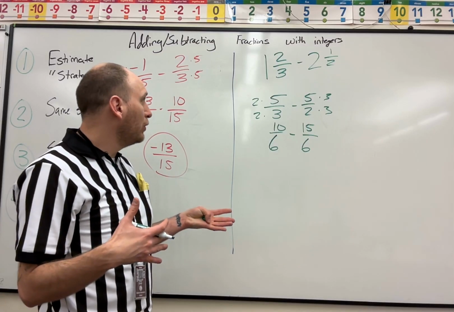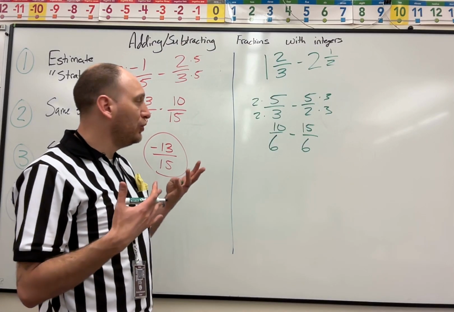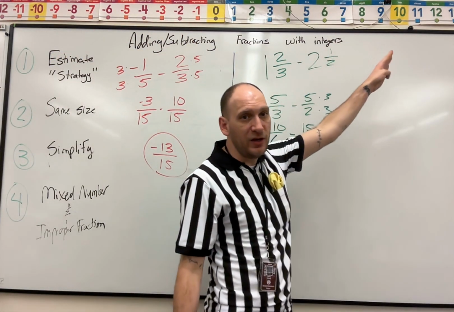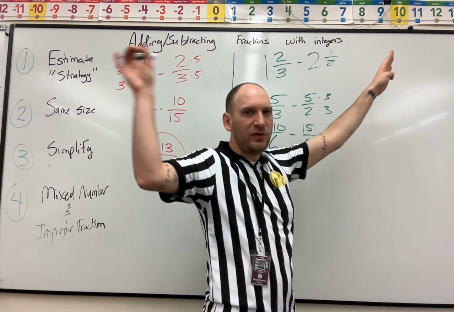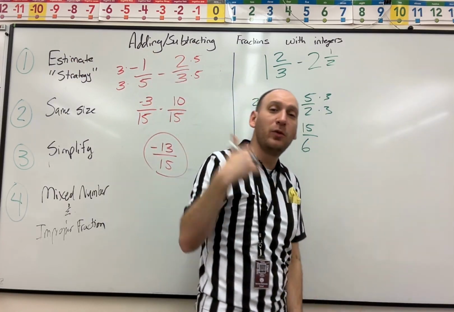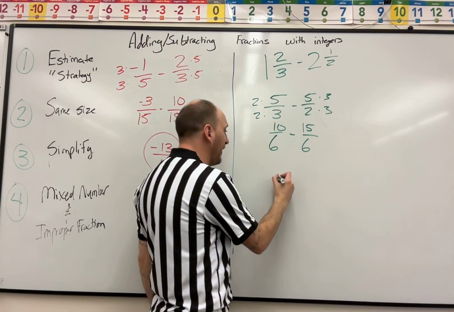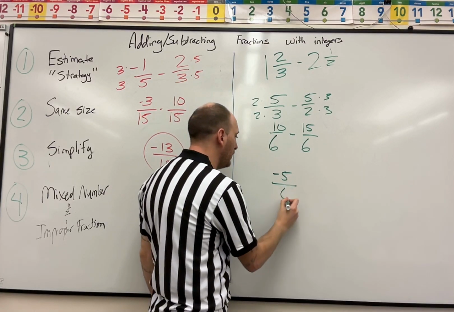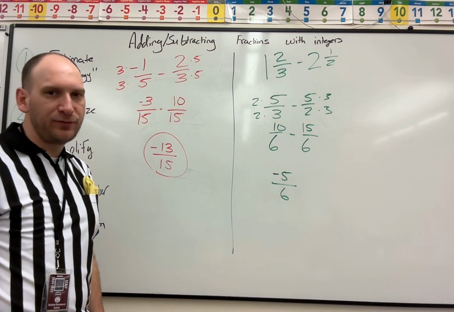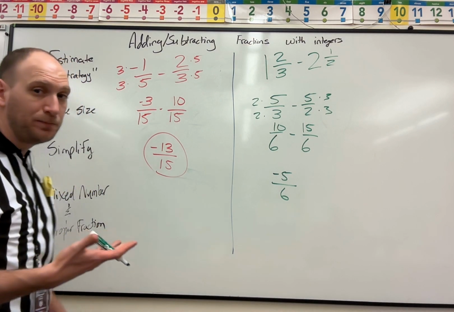Now I would subtract these two numbers together, but I start at positive 10, and I'm going to go to the left 15, which means I'm going to go past 0, and I'm going to go past 0 by 5. And so in this problem, I end up getting negative 5/6 as my answer.